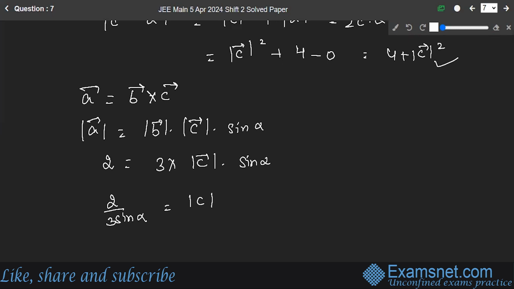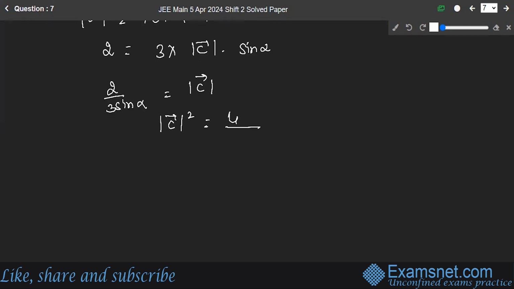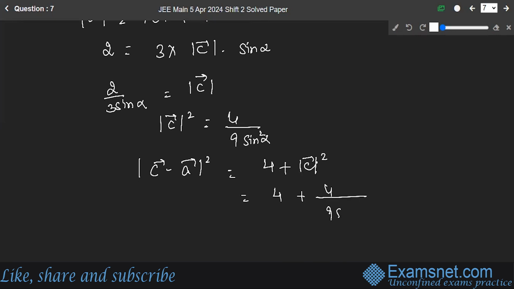And C vector's magnitude, right? So what will be the square of it? Because I'm interested in the square, this will be given by 4 upon 9 sine square alpha. So C square minus A square vector, which was equal to this thing, this is equal to 4 plus 4 upon this.